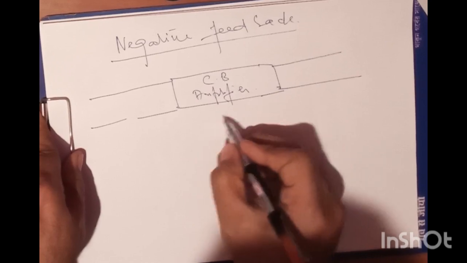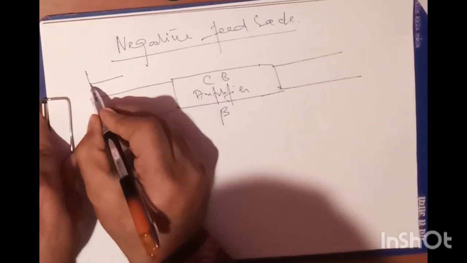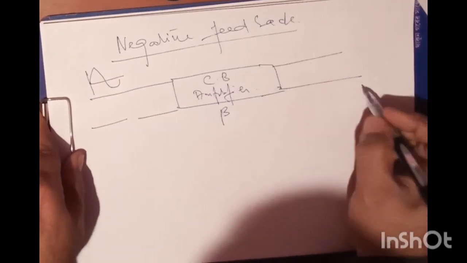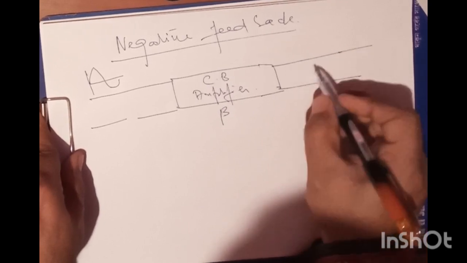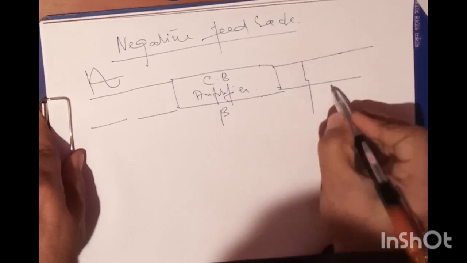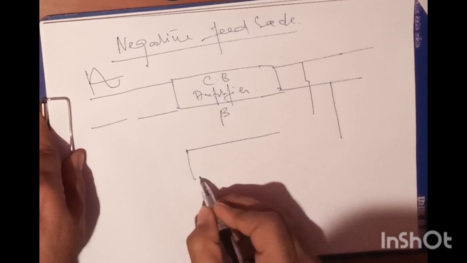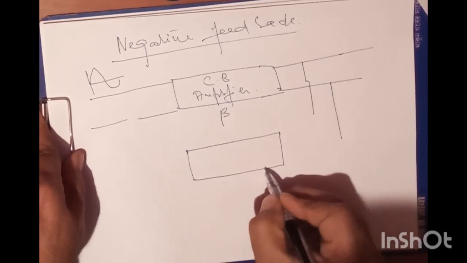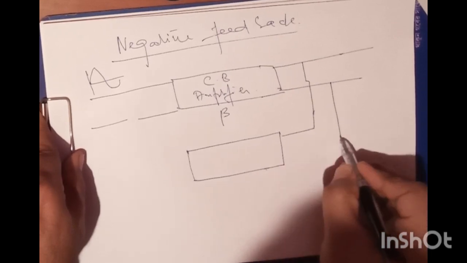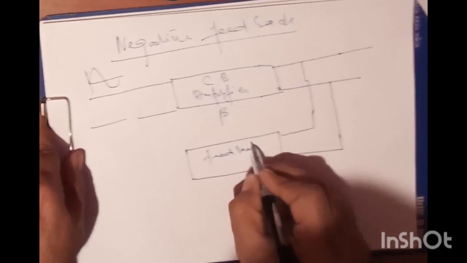This common base amplifier has beta, and suppose this is the input signal, and we obtain an output signal here, and we return part of the output signal to the feedback circuit like this. So this is the feedback circuit.